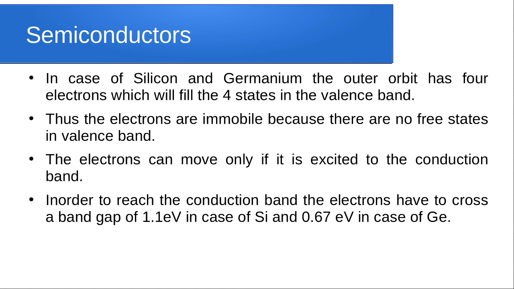So once the electrons are excited to the conduction band, they are free to move. But in order to reach the conduction band, the electrons have to cross the band gap, which, in case of silicon, is 1.1 electron volt, and in case of germanium, is 0.67 electron volt.